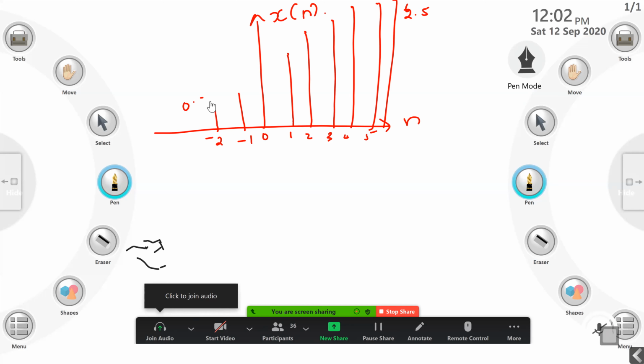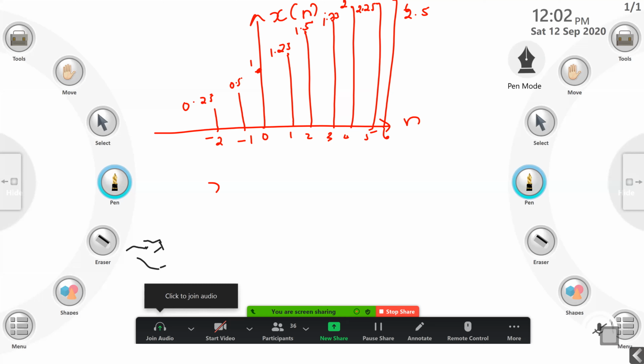The amplitude is like this: 0.25, 0.5, 1, 1.25, 1.5, 1.75, 2, 2.25, and 2.5. So your amplitude is continuously increasing from -2 to 6. And this is x of n for you.